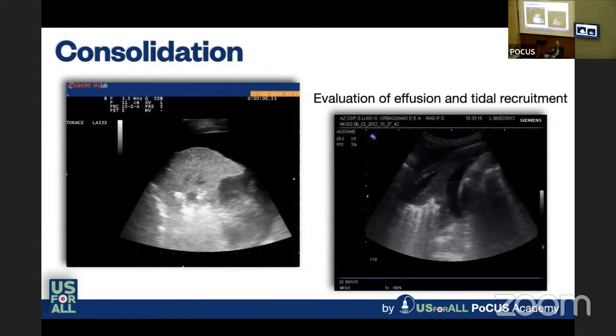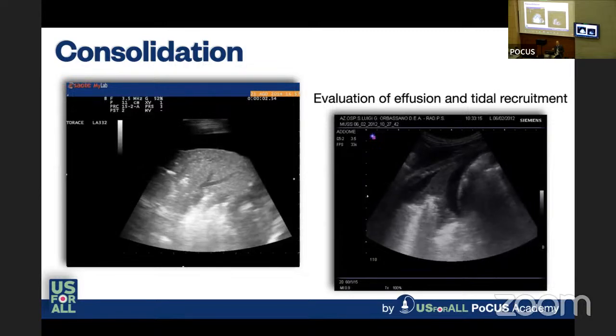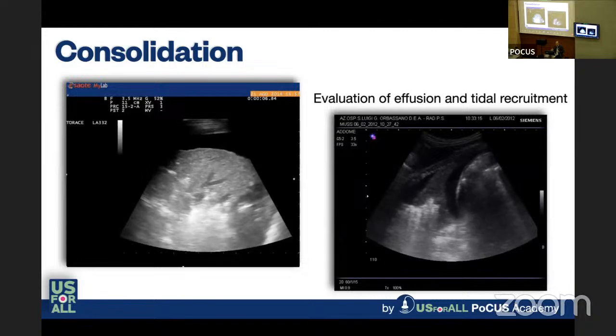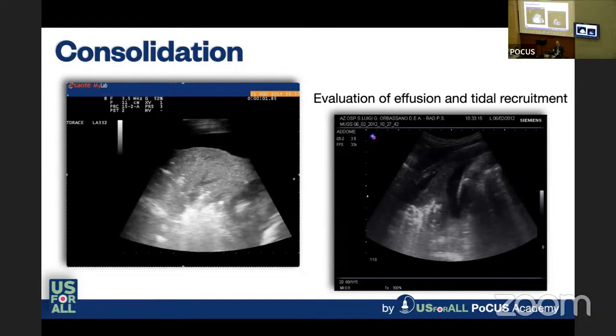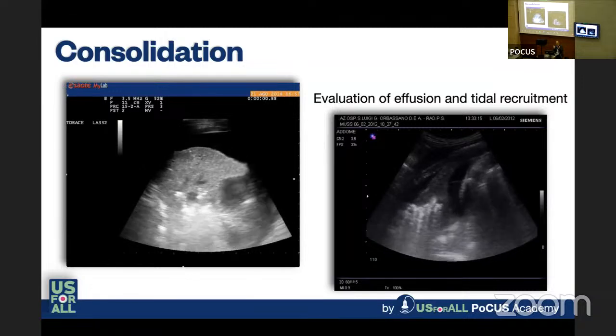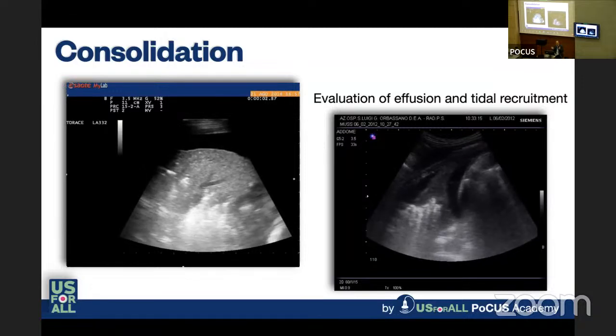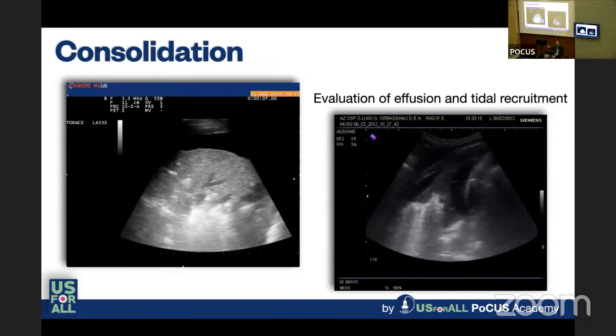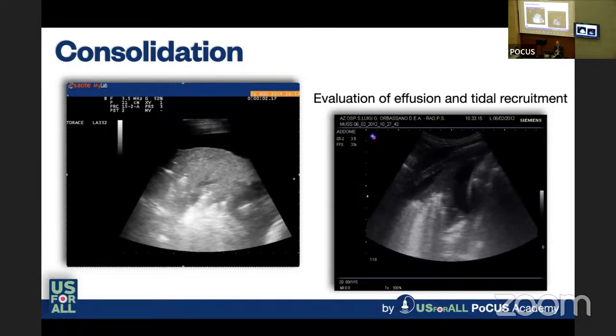Another information very important for us is the correlation with the effusion. When we have an effusion, there is the possibility that the consolidation is just the compression of the lung. This is very important in the ICU, distinguishing the consolidation due to just compression or to pneumonia.